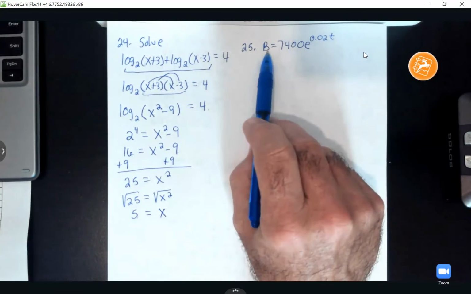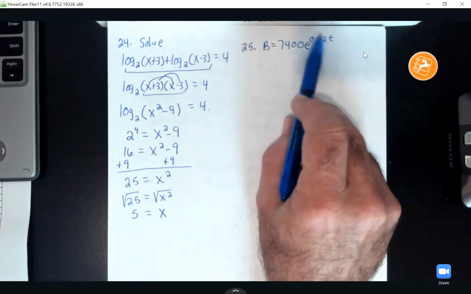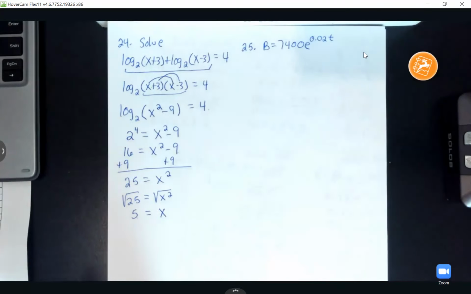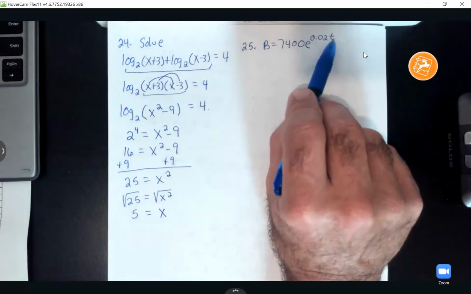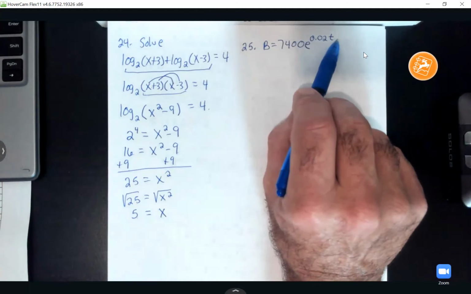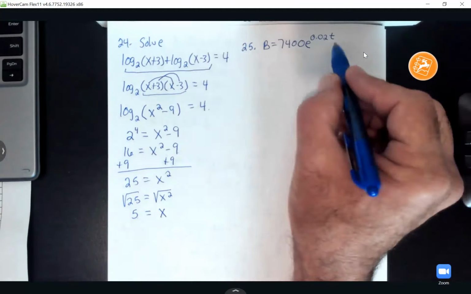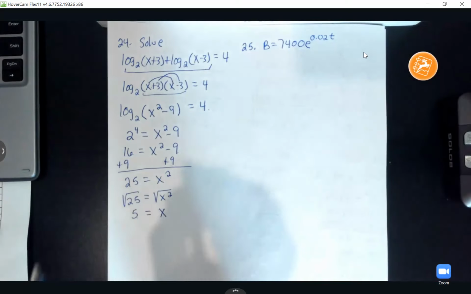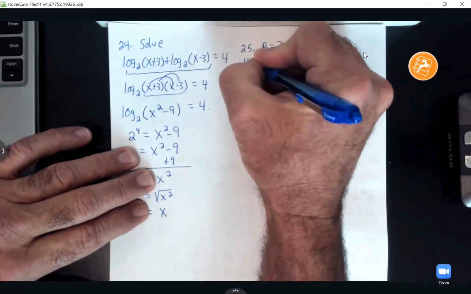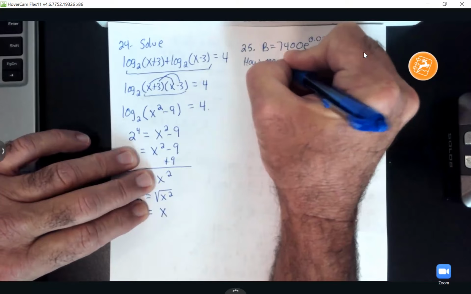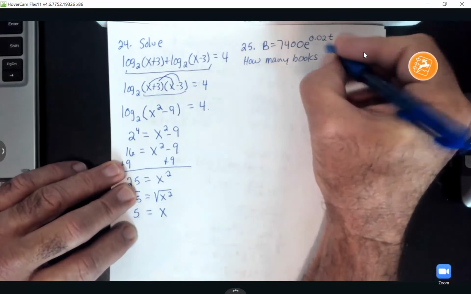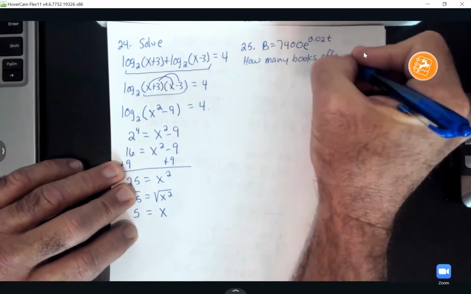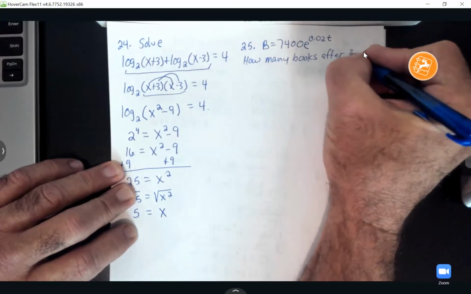So B apparently stands for books. And this equation can estimate how many books are in this library after however many years went by. Okay, and t is measured in years. So what they want to know is how many books after 3 years.